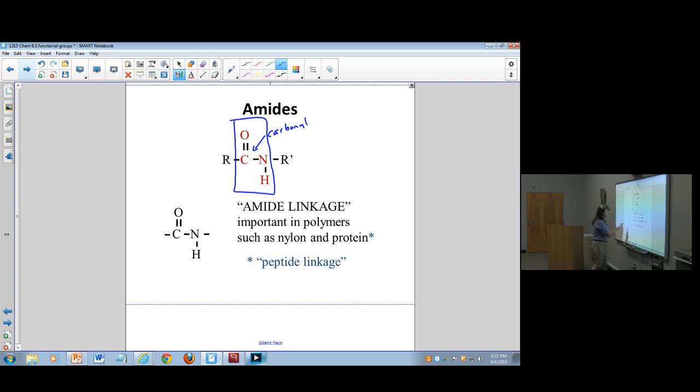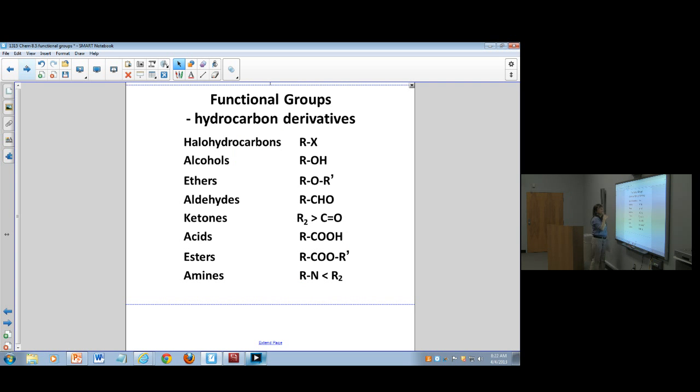So you've got a C double bonded O, N, and H. It could be something else, but it's usually going to be an H. That's called an amide linkage, and that's what forms your proteins, and many other things for that matter. Amides are involved in all kinds of plastics and other polymer formations. Well, I guess that's pretty much what I'm going to say.